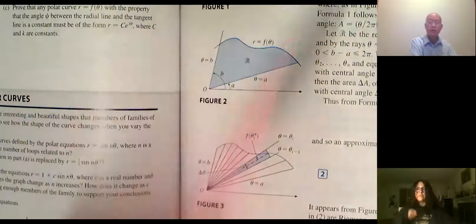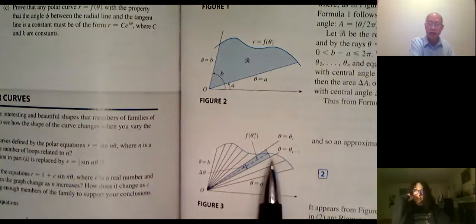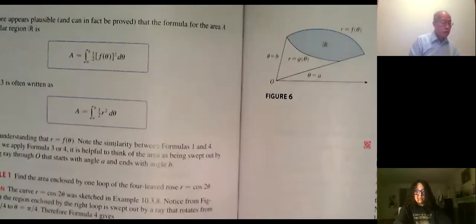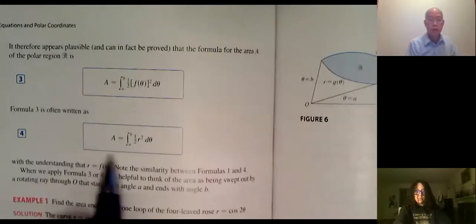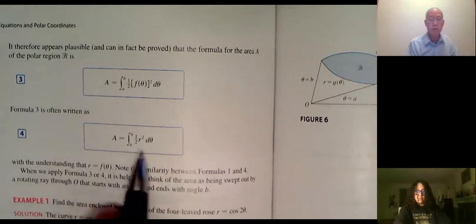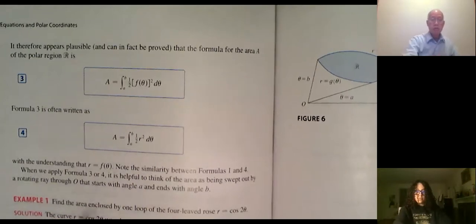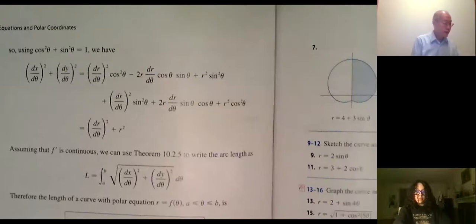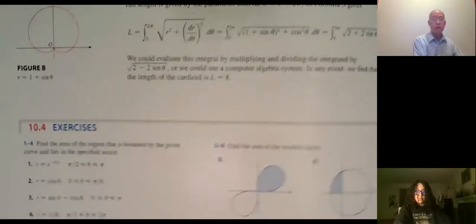You're moving the angle. So this is a delta theta change in angle as we go along. And again, you can put this on your cheat sheet. Area is integral of 1/2 r squared d theta, integral from a to b. Okay, so we'll just get our feet wet and try some of these. Again, some of them match, some of them don't match, but we'll see how it goes.